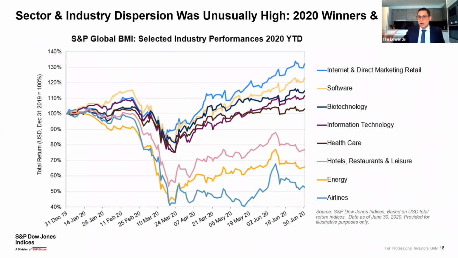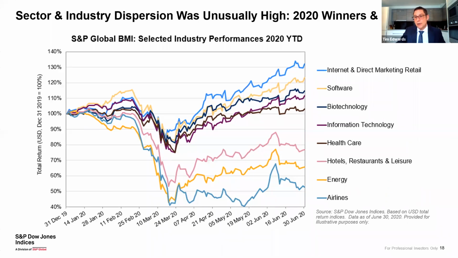So this is using our global equity benchmarks, which are split into industries and sectors. And I wanted to highlight some of those that have been really key parts of the market that have been the focus of trading around the developments around COVID. So with spectacular performance, you have those companies that are not only unaffected by the virus, but also potentially benefiting from the way that we have changed our work patterns, our shopping patterns while in lockdown.